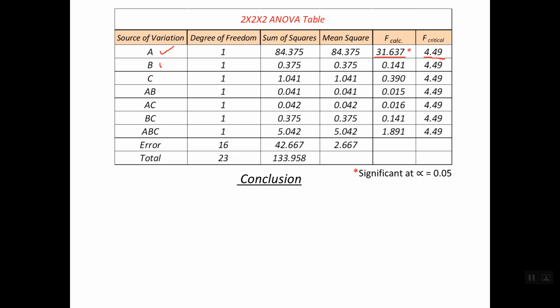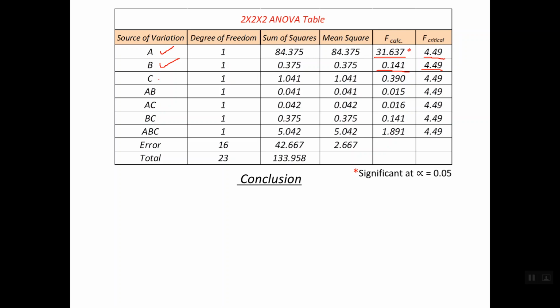For example, for factor B, as you notice here, the value of the calculated F is less than the critical value of F. So for factor B, we accept the null hypothesis, which states that the mean for B1 is the same as the mean for B2.